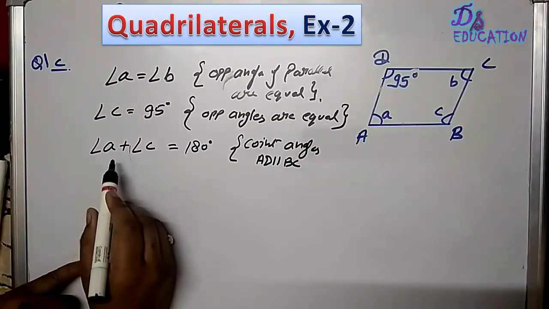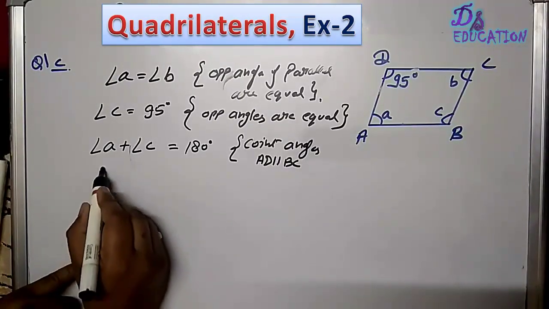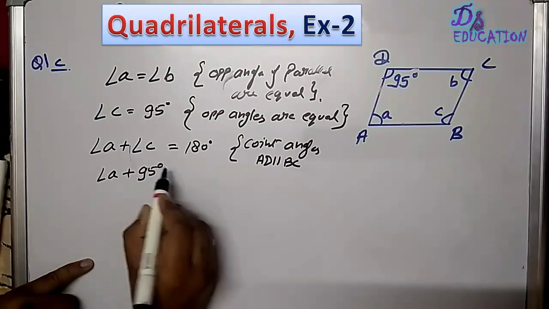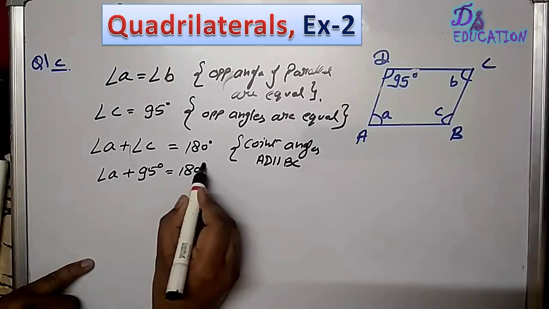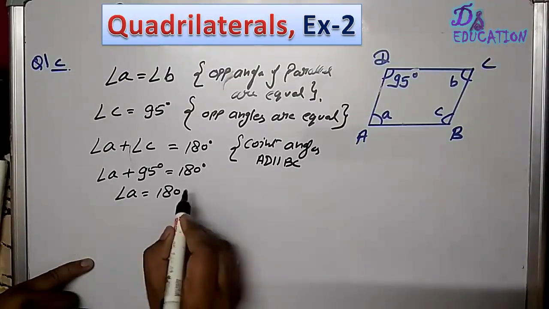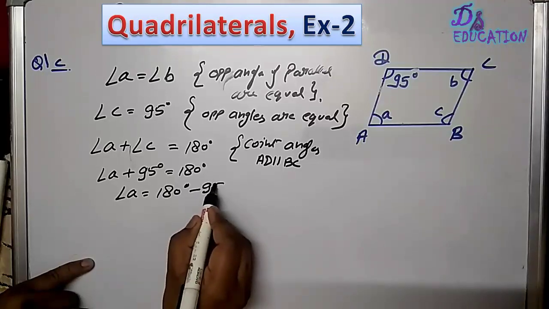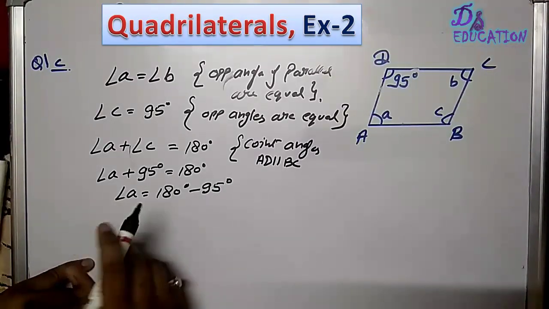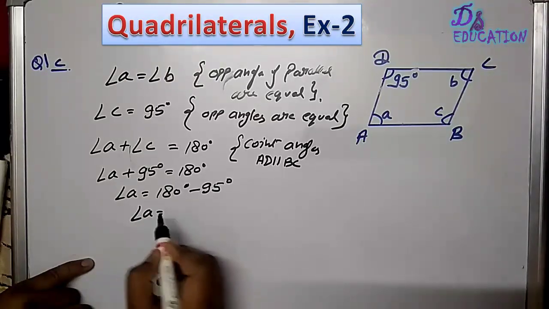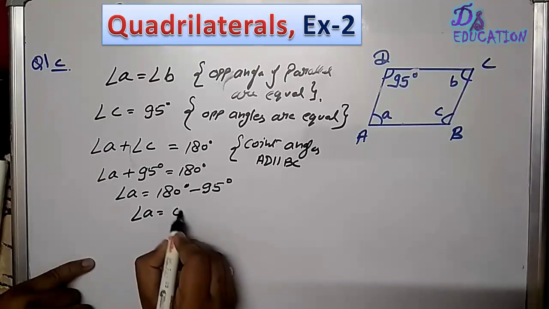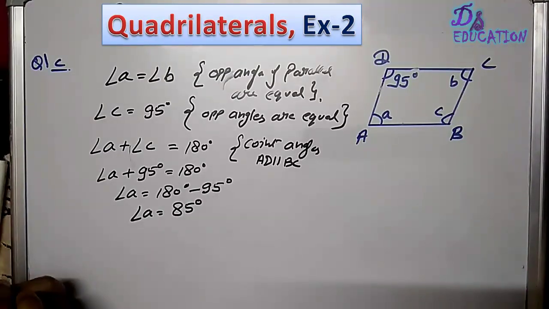Okay, now already C is given, so what we will write? Angle A plus 95 degree is equal to 180 degree. Angle A is equal to 180 degree minus 95 degree. Okay, have you understood this thing? Now afterwards, angle A is equal to 180 minus 95, it will give you 85 degree.